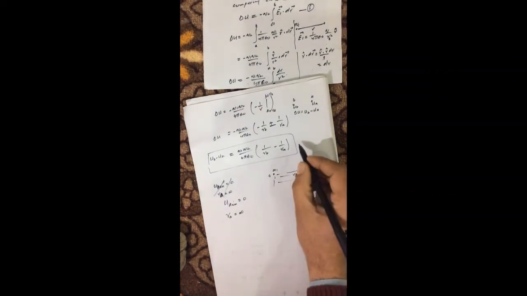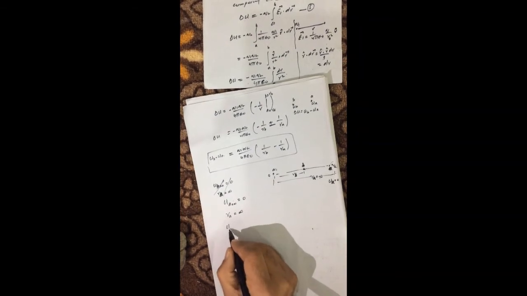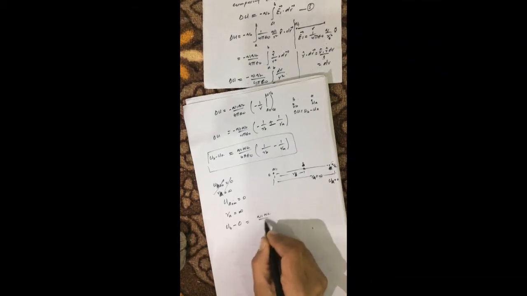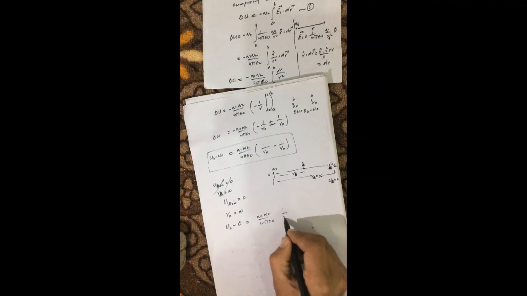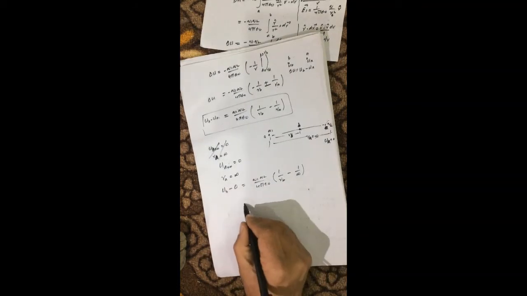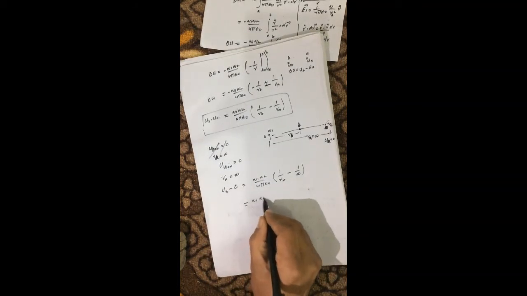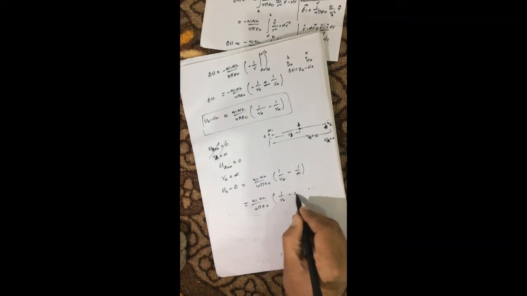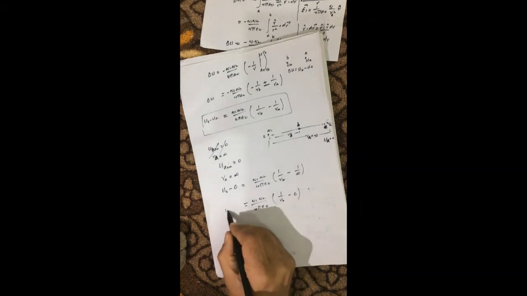So using these values in the above equation, we get UB minus UA, which is 0, is equal to Q1 Q2 over 4 pi epsilon naught into 1 over RB minus 1 over infinity. So from this we get Q1 Q2 over 4 pi epsilon naught into 1 over RB minus 0.